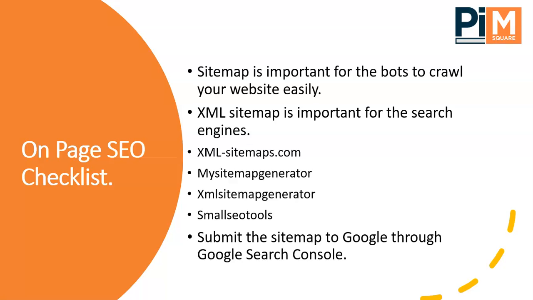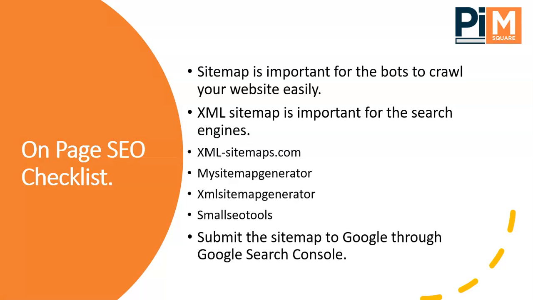You can ask your web developer to work on the HTML sitemap, or there are different websites available, like XML-sitemaps.com, My Sitemap Generator, XML Sitemap Generator, Small SEO Tools, where you can generate XML sitemaps for free and submit them to Google through Google Search Console.